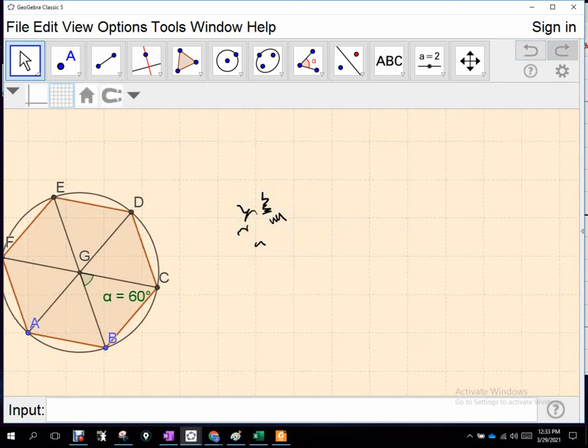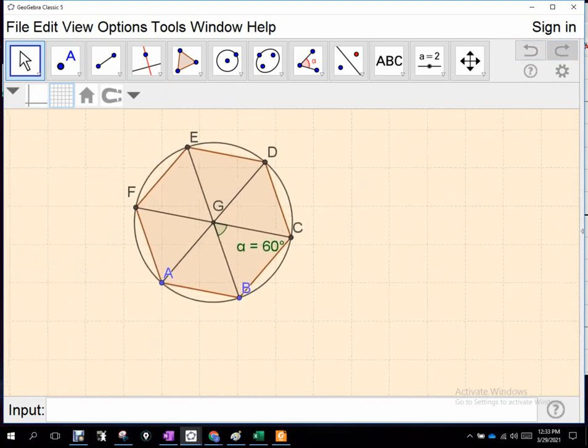Hexagons are some of our most stable shapes. Triangles are our strongest shape. If you ever look at a bridge, usually your bridge is going to have a lot of iron bracing that creates triangles. Hexagons create a lot of strength.